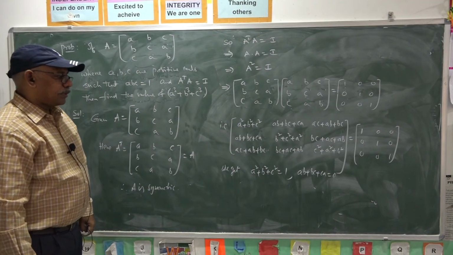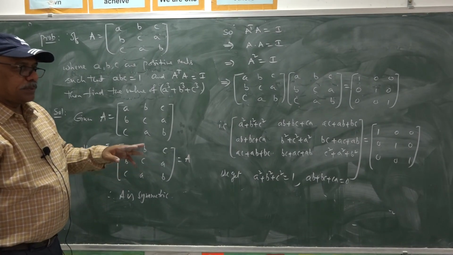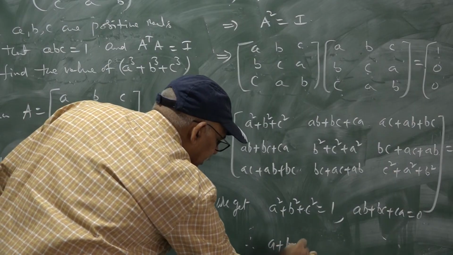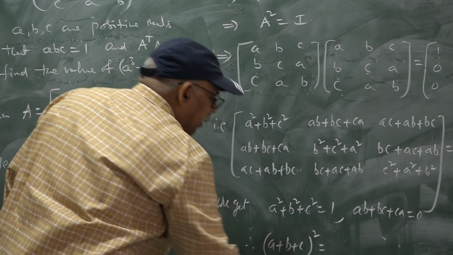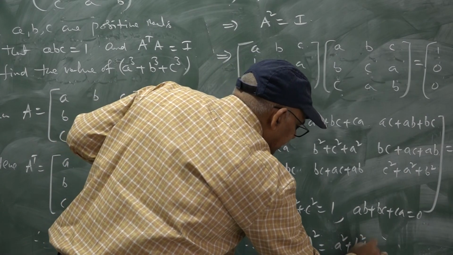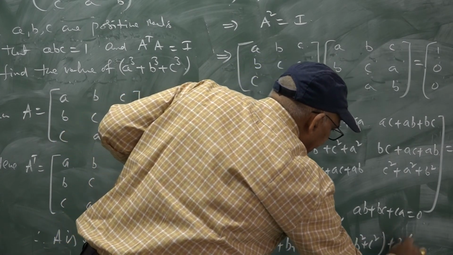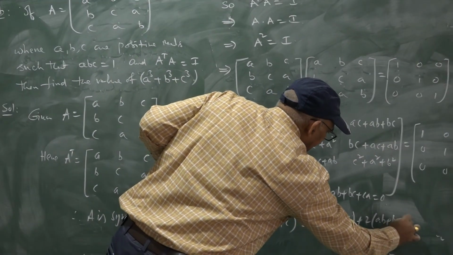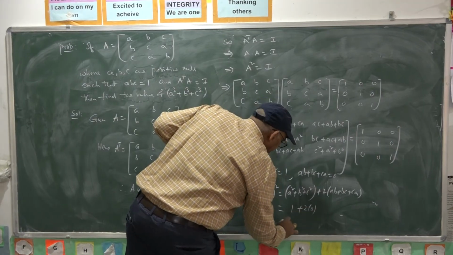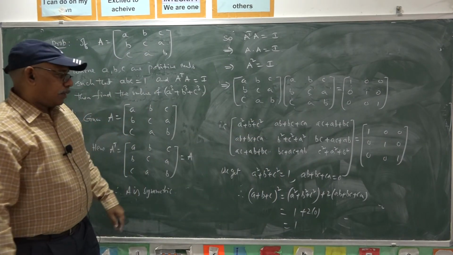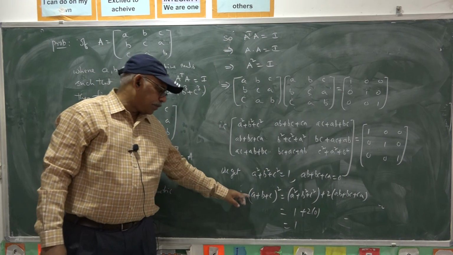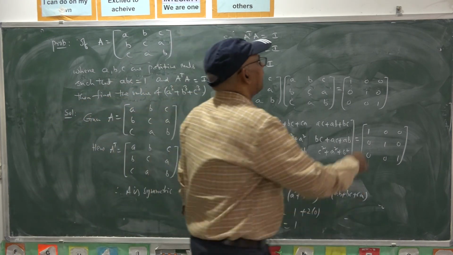So therefore, (A plus B plus C) whole square equals A square plus B square plus C square plus twice AB plus BC plus CA, that is 1 plus 2 into 0, which is equal to 1.